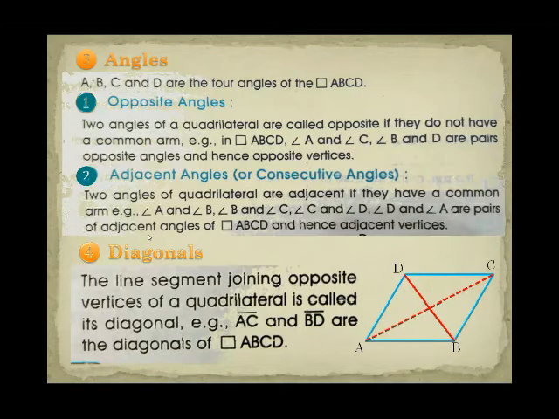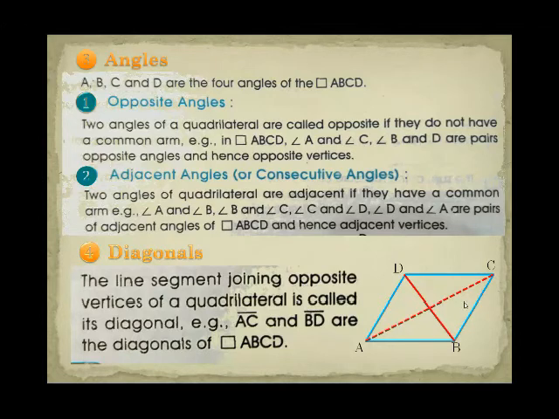Now we move toward another part of the quadrilateral, which is the diagonals. Now what are the diagonals? The line segment joining opposite vertices of a quadrilateral is called its diagonal. As you see, students, the line segment joining the opposite vertices. What are the opposite vertices? Vertex A and vertex C are the opposite vertices and they are joined by a line segment.